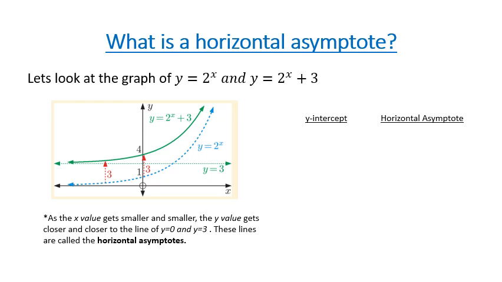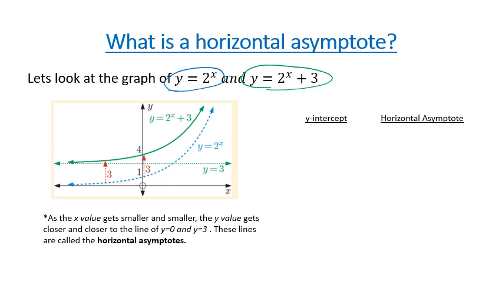Now, I'm not sure if you noticed, but on the last slide there was some information about a horizontal asymptote. Let's look at the graph of y equals 2^x and y equals 2^x plus 3. We've got them in our graph here. This one is green, and y equals 2^x is our blue graph. Now, we can determine the y-intercept just by replacing x with a 0.